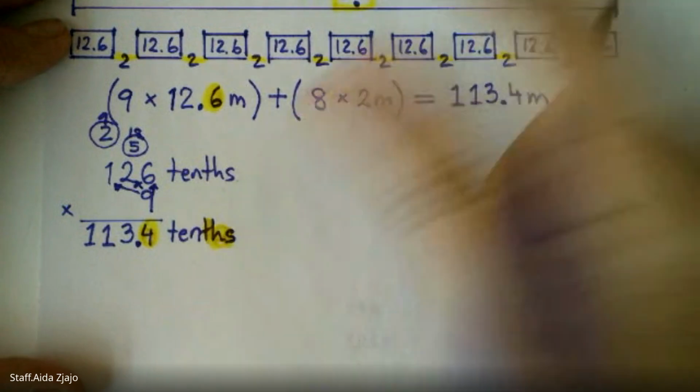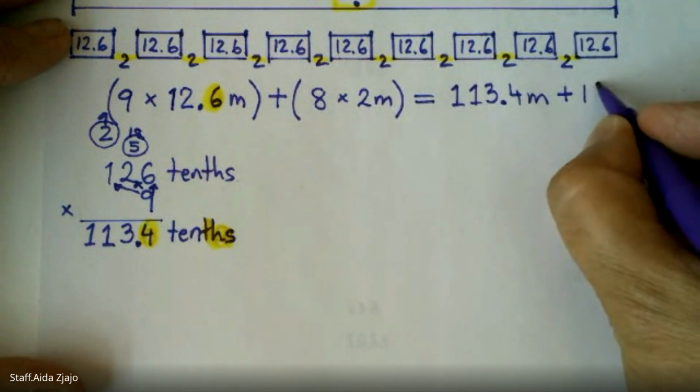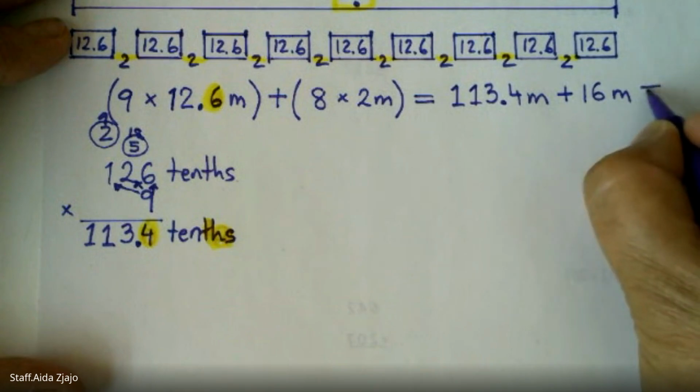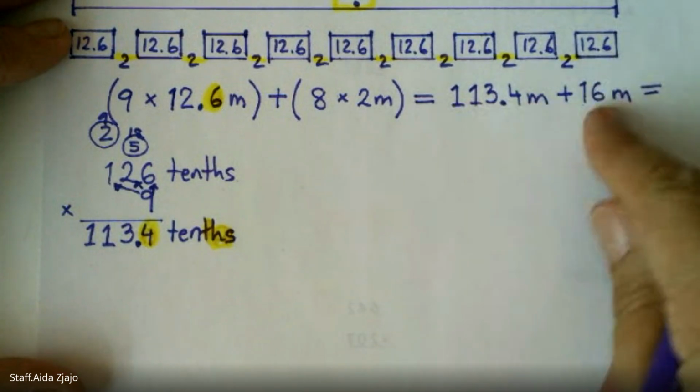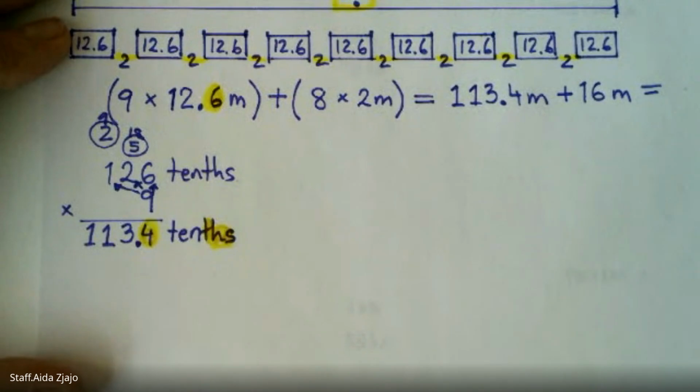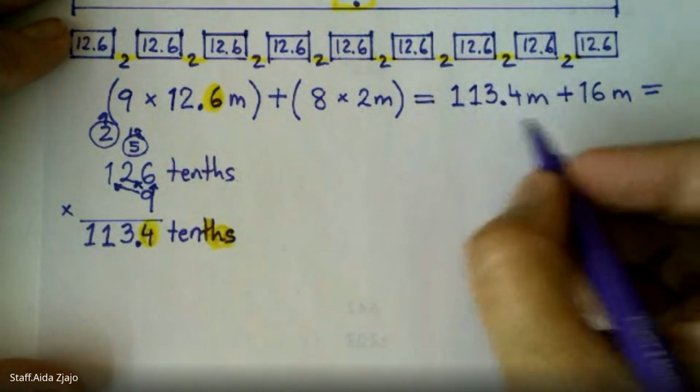So 2 times 8 is 16 meters. When I add this plus 16 meters, it will give me the final answer.